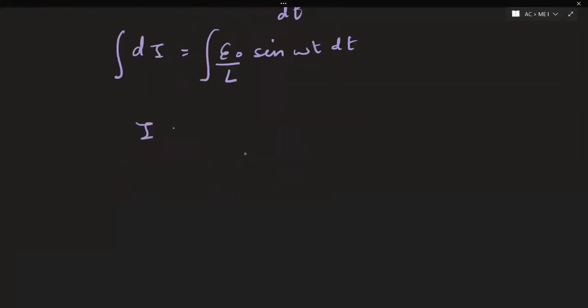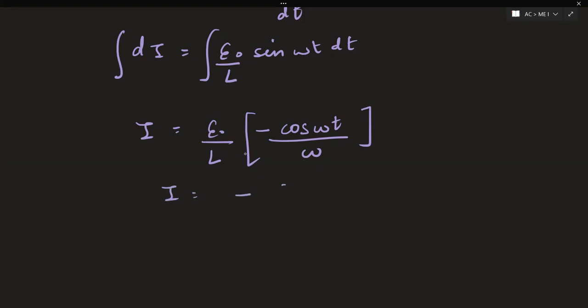So E naught by L is there, and we integrate sine omega t, which gives minus cos omega t divided by omega. Bring this omega closer to E naught. So this way you will have I is equal to minus E naught by omega L cos omega t.